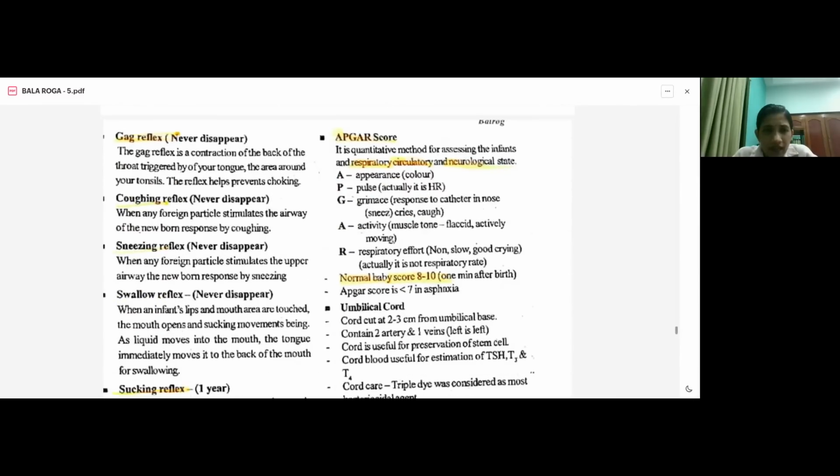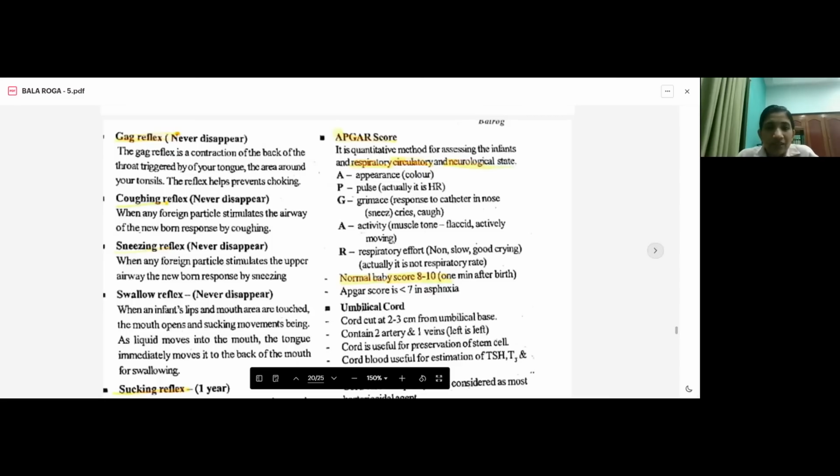Next is the gag reflex. That will never disappear. The gag reflex is the contraction of the back of the throat triggered by touching the back of your tongue and the area around your tonsils, and it helps to prevent choking. That is the function of this gag reflex.